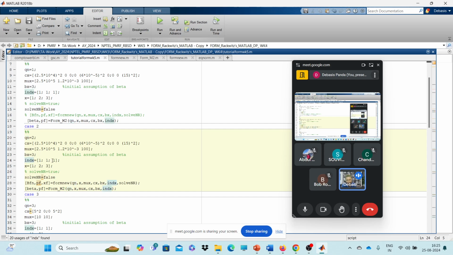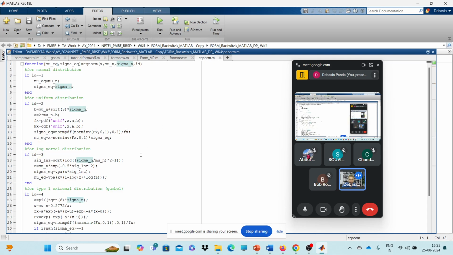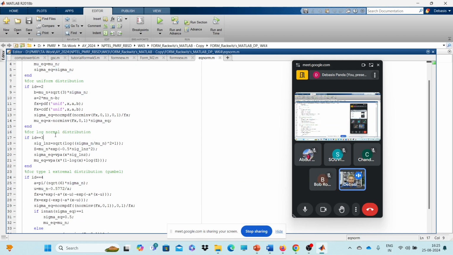Look, we are considering all the random variables normal for the first case, because we are comparing normal to normal. If you want to change the random variable to log normal, you just need to change the index here. So you just need to go to the equinorm function and look for log normal. Index 3 represents the log normal, index 2 uniform.